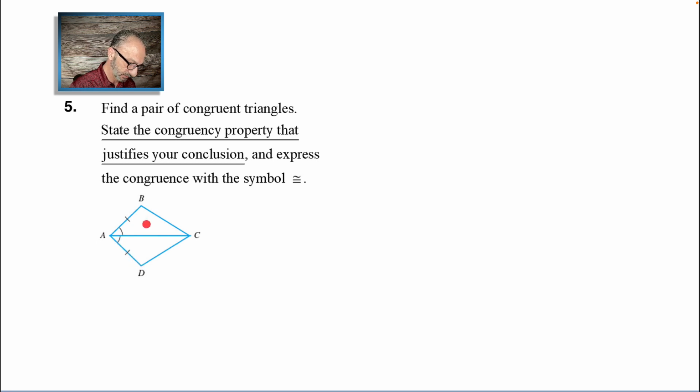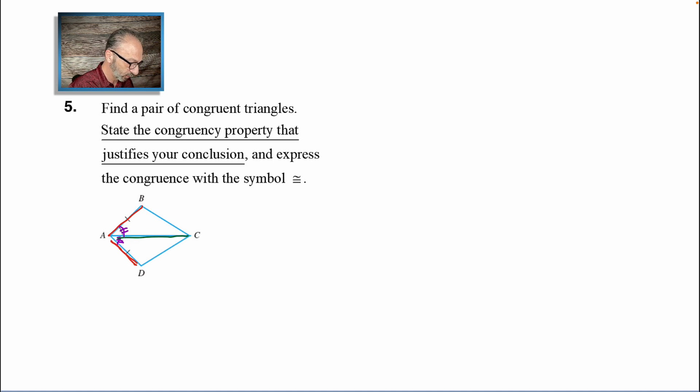This angle has the same mark like this angle, and this side they both share, the two triangles, the one on top and the one on the bottom side. So with colors we could say that this side is equivalent to this side, and we have this angle, let's mark it with 2 tick marks, is equivalent to this angle. We have this side they both share.